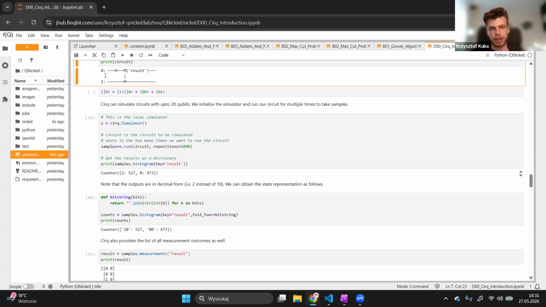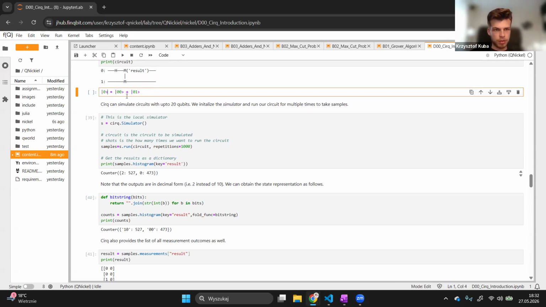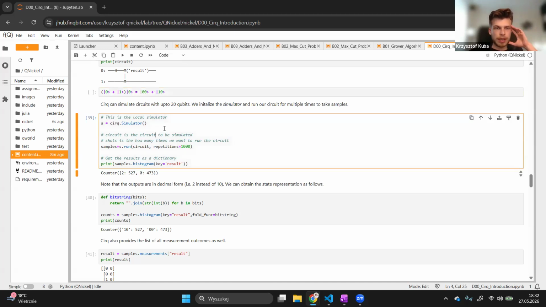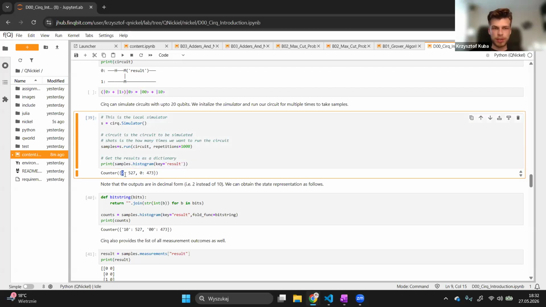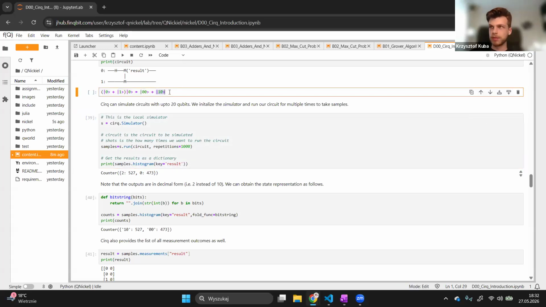It also depends on the convention on whether you first write 0 and 1. As I can imagine here, this should be reversed, so it should be 1, 0. The samples histogram function returns the decimal representation of the string.